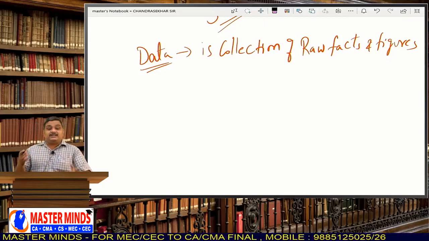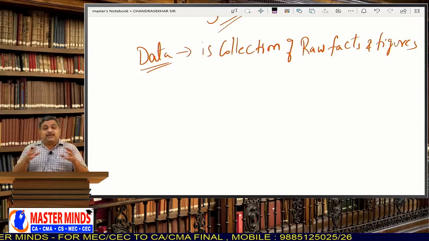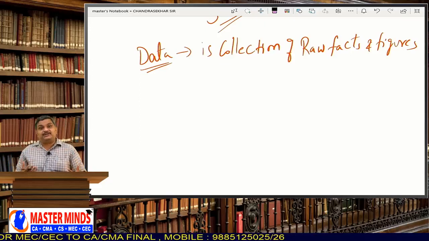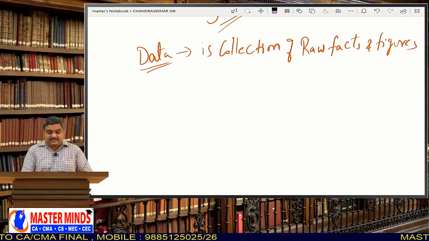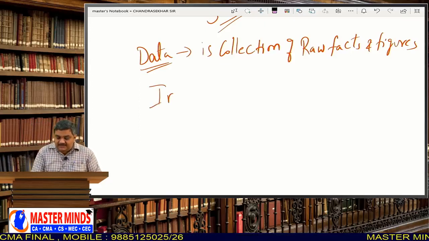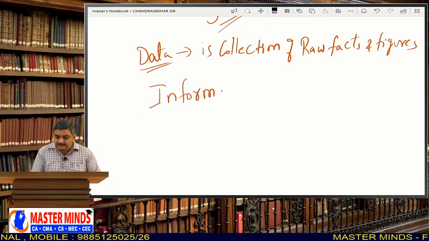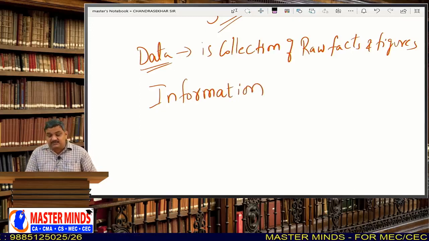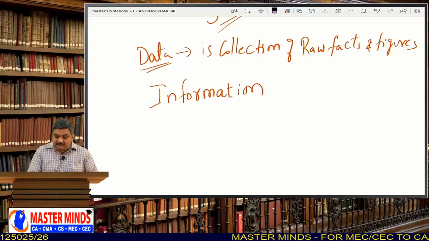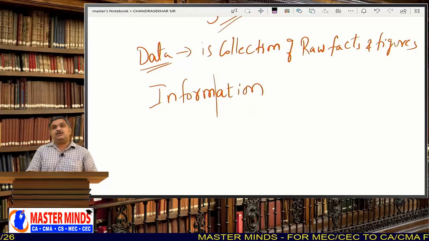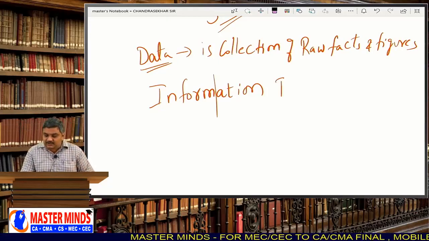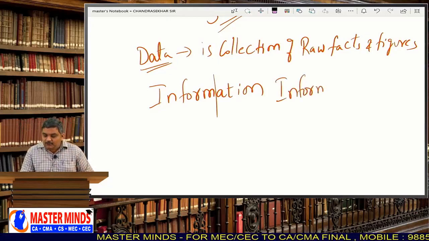This data has to be processed, which means it has to be manipulated and arranged in a proper format. Now try to understand the word information. You can break this word in two ways: in form, that means you put the data in a form, or in format.